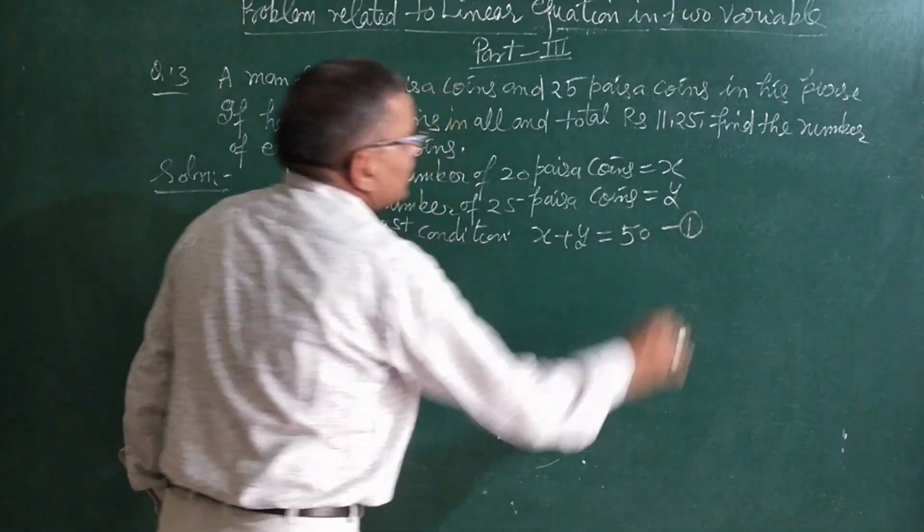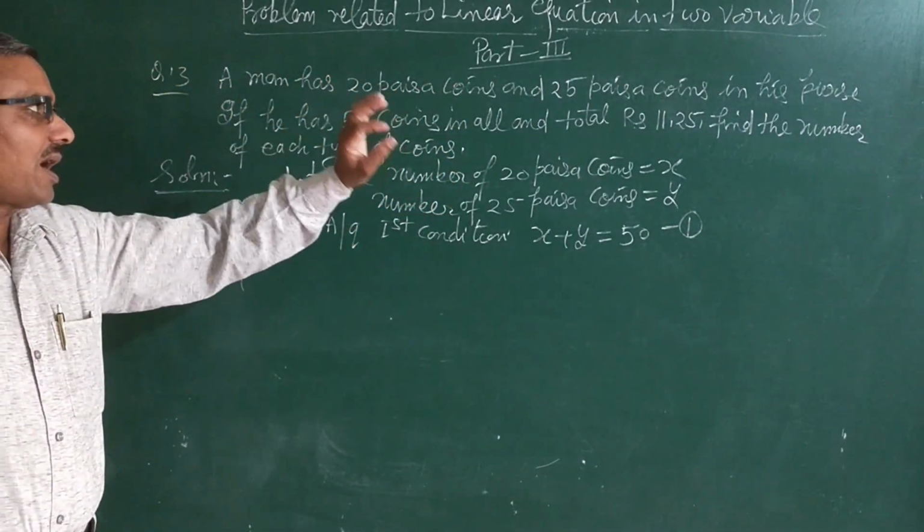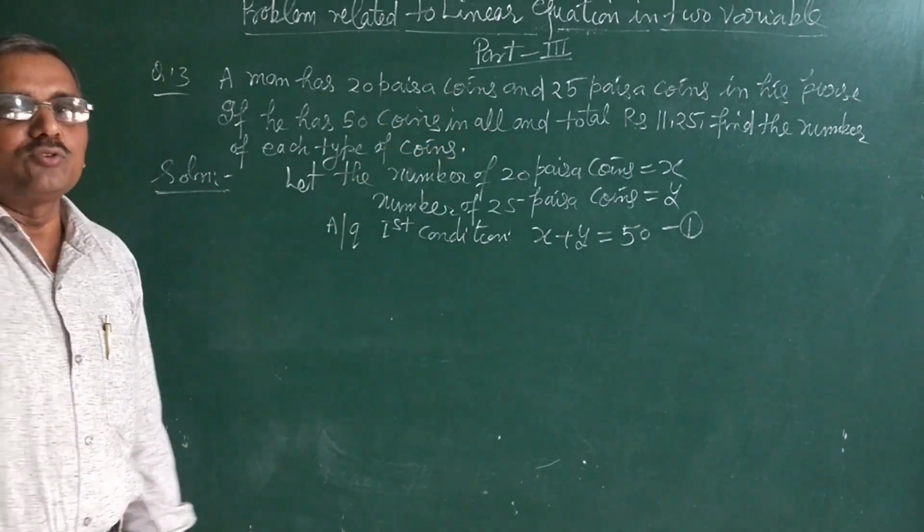Equation first. Now the second thing is, the value of all the coins is 11.25 rupees.